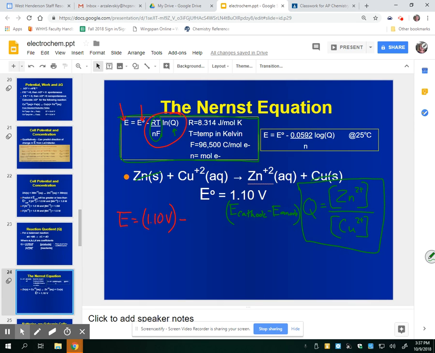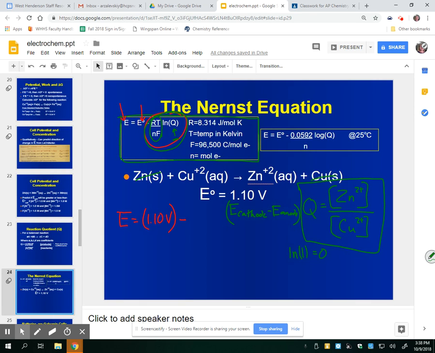Now, when you're dealing with natural logs, we have to know a few things. The natural log of 1 is equal to 0. So if Q equals 1, the natural log of Q is 0, and that makes this whole term equal to 0.